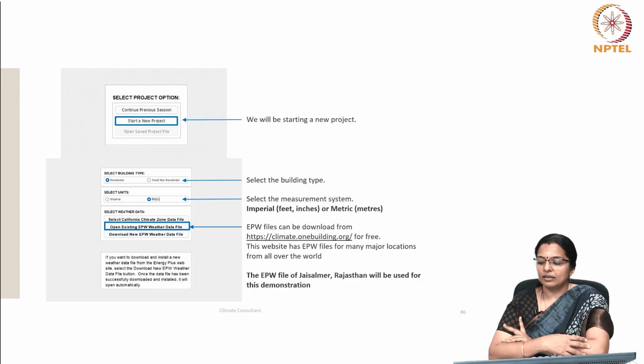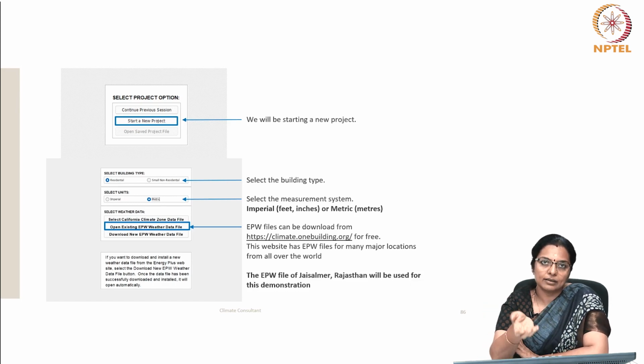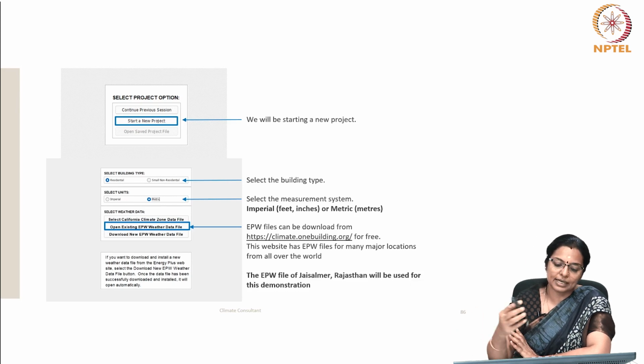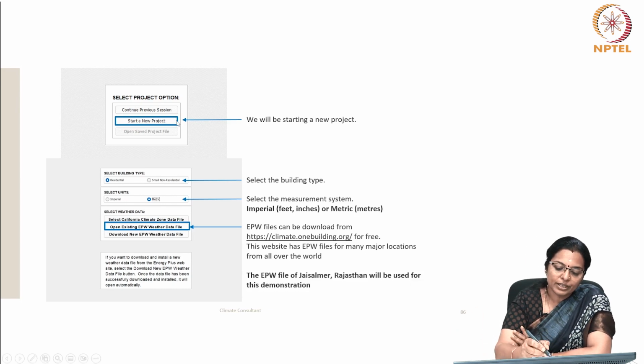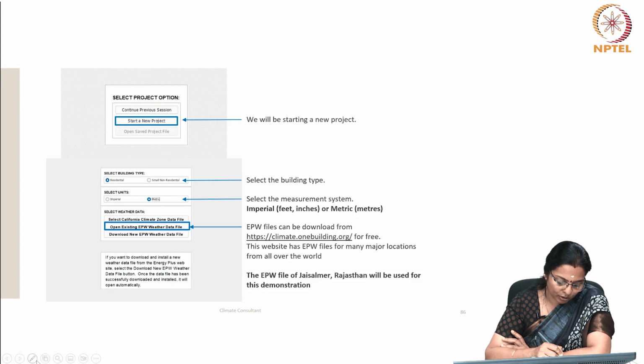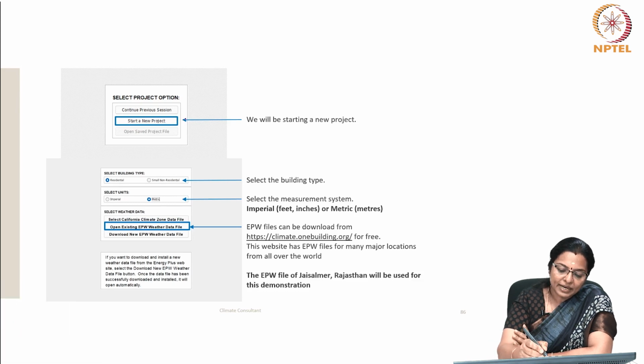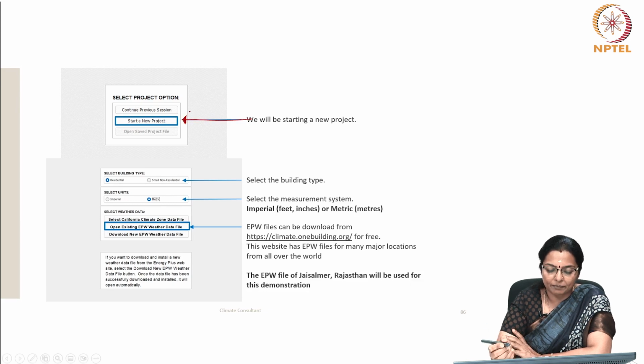After pressing next, you will get this image on your screen. Here you need to start a new project. Press start a new project if you are using Climate Consultant for the first time.